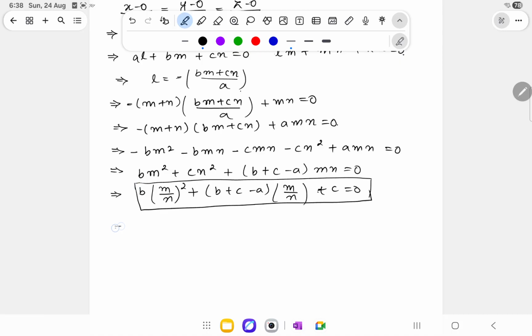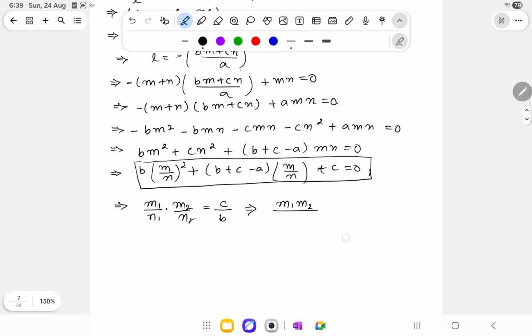If I solve it for the product of roots, I'll get m1/n1 into m2/n2 as c upon b, from here I'll get m1 m2 as 1 by b equals n1 n2 as 1 by c.